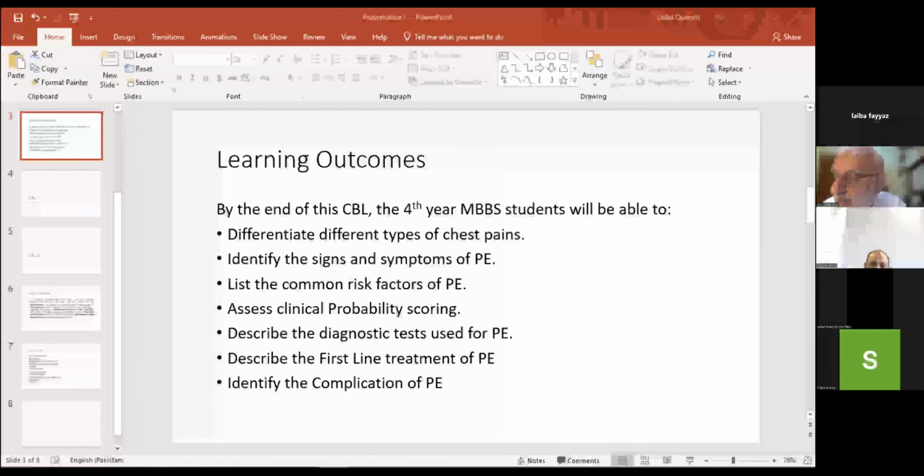Because if you put up the learning outcomes and then you don't talk about it, the students feel very bad about it. So we should have the learning outcomes and we must achieve those learning outcomes within those 2-hour sessions.